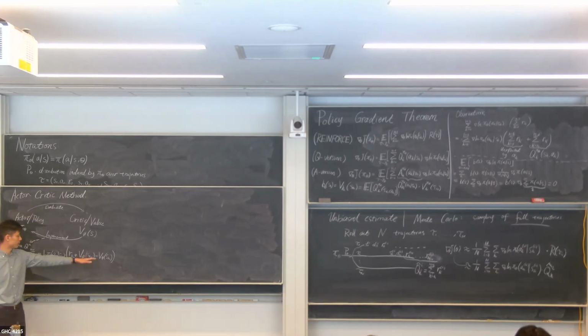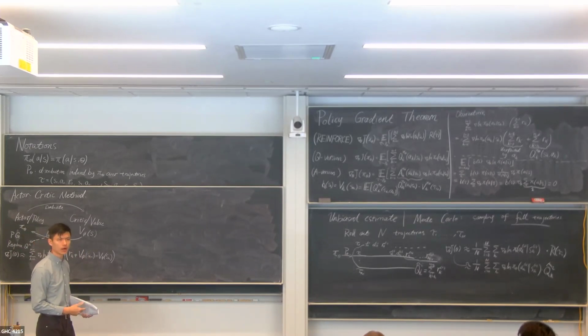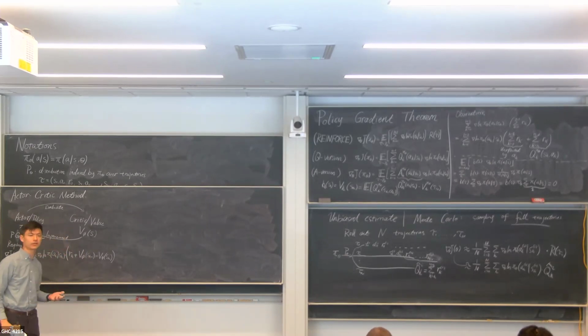Nothing here really depends on theta directly. I'm replacing what is multiplying the gradient of the log with this quantity. Okay? And you can start thinking about why this may look like the advantage version of the policy gradient.